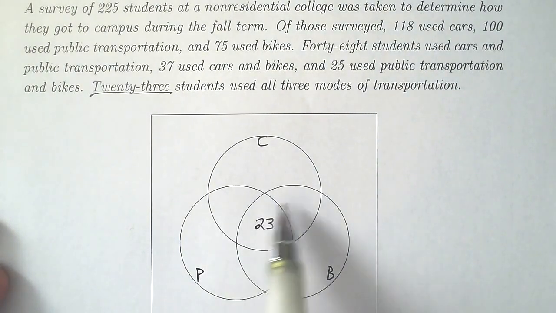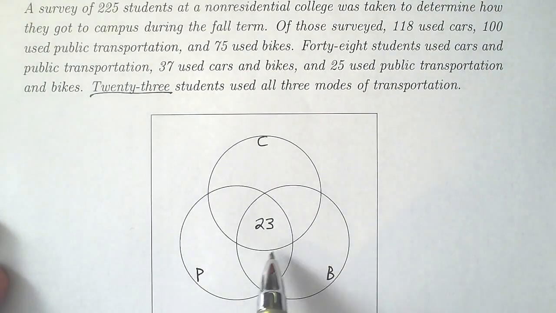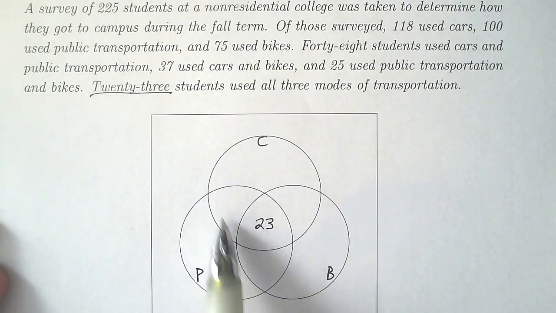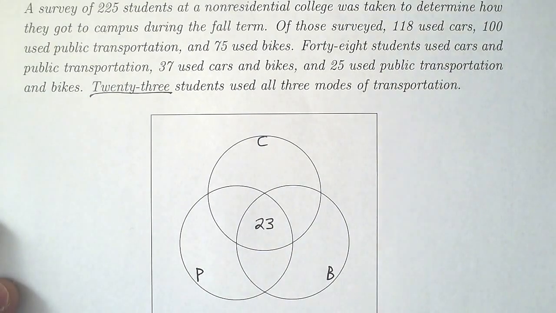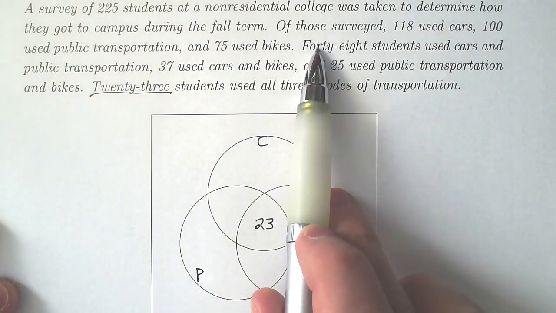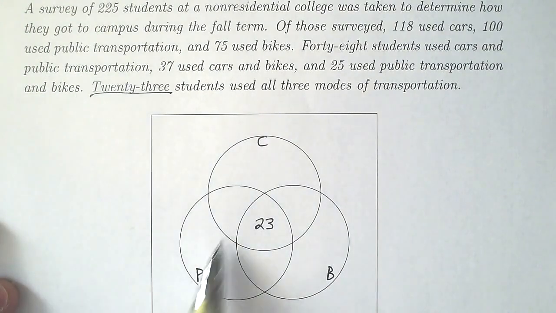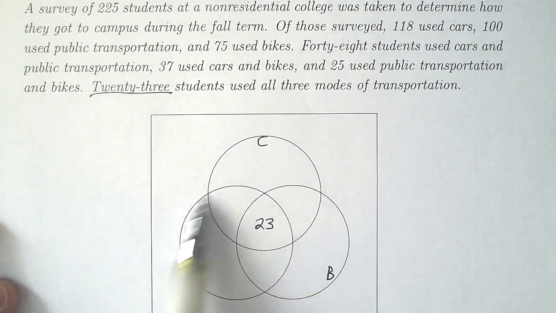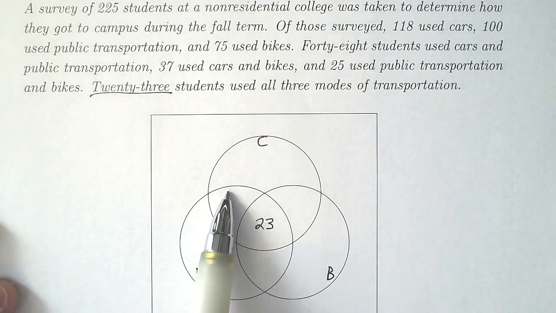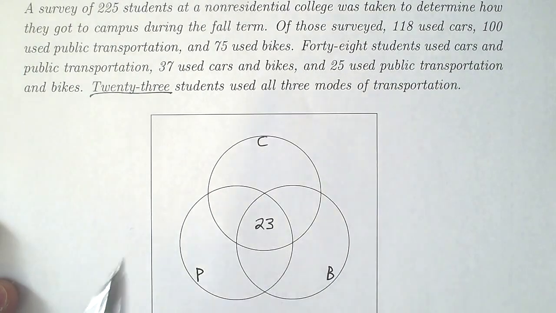Next, I'm looking to fill in these football-shaped regions, the ones that are the intersection of 2 circles. And we do have that given. It says 48 students used cars and public transportation. So I have my circle for C, my circle for P. 48 students are supposed to be at the intersection.